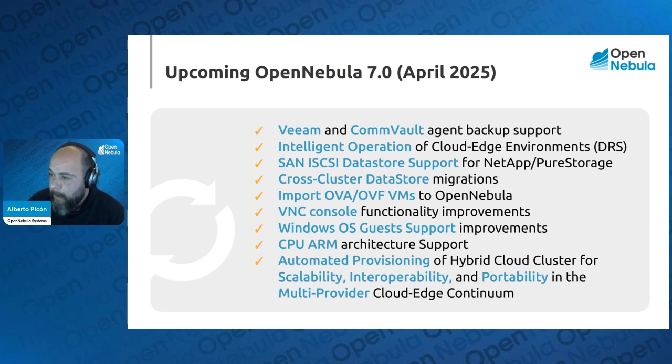We are planning to provide VM and Commvault agent backup support from now, but we are expecting to provide VM and Commvault fully integrated with the Beam console and Commvault console, a native integration. It's something we're currently heavily developing in OpenNebula.